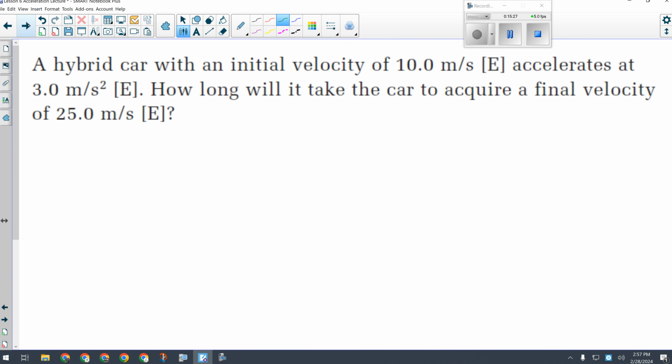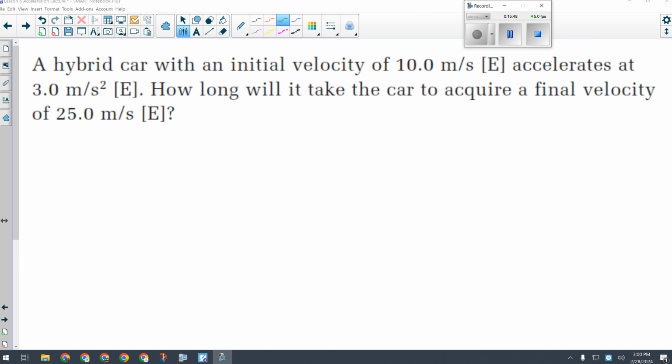I want you to write this one down, and then we're going to look at how we would solve it together. So I'll give you a minute or two to get it written down. This is another one of those questions where you have to read through the context of the question and get everything you need from it. So I have this hybrid car with an initial velocity of 10 meters per second east.